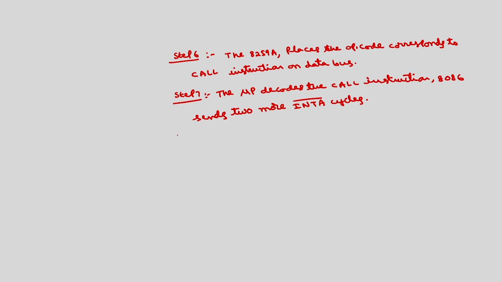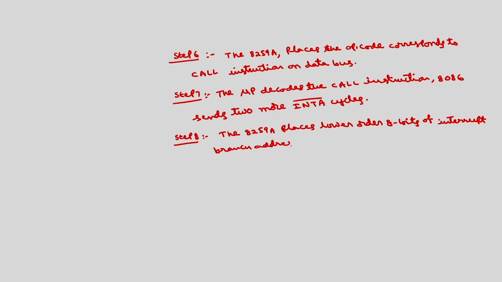In the next step, the 8259A places the lower order 8 bits of the call address, or you can call it the interrupt branch address, on the data bus.